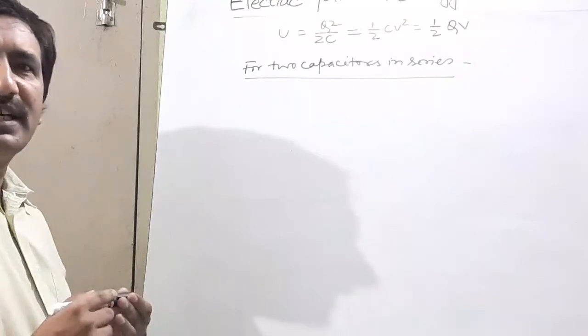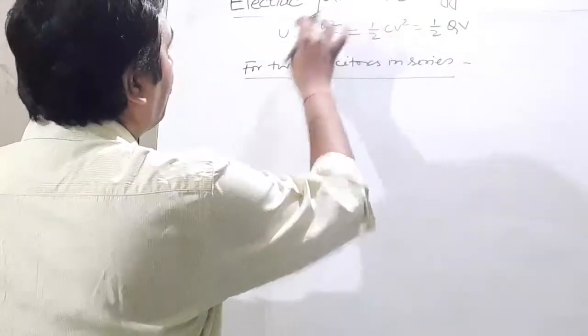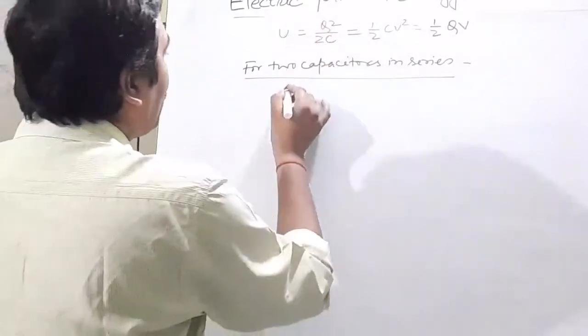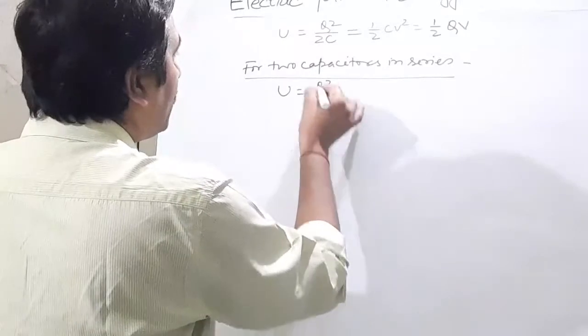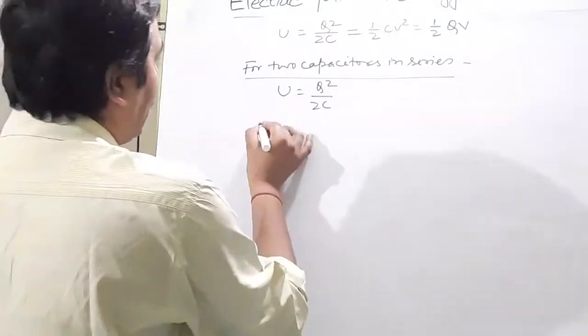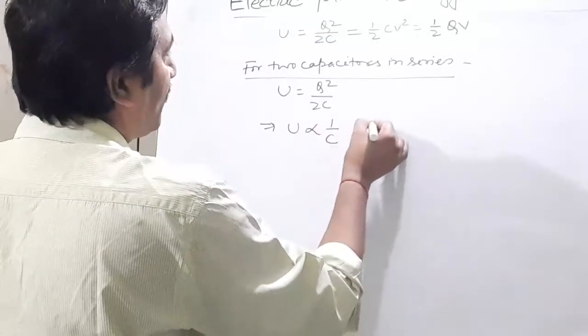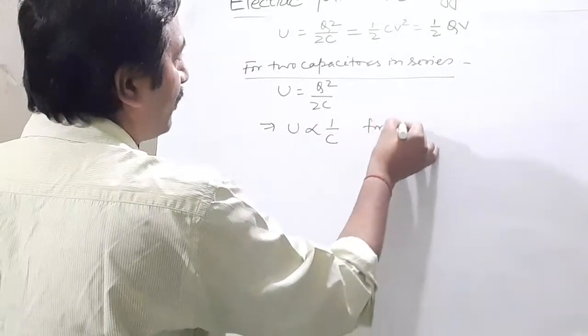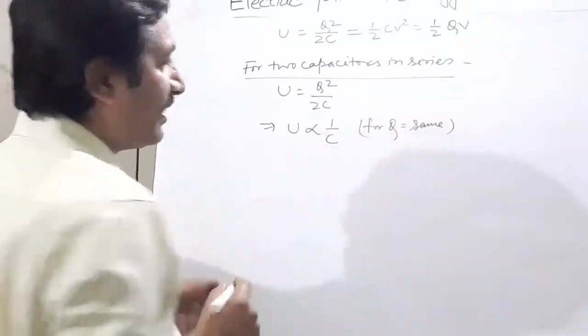That is, Q will be the same. And when Q is the same, U is equal to Q square by 2C, so U will be proportional to 1 by C, for the same Q on both the capacitors.